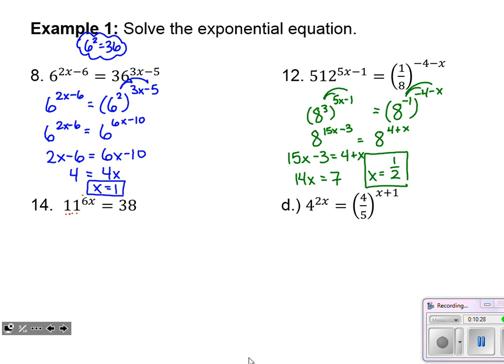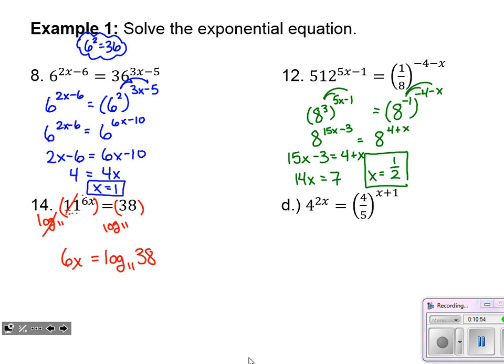Oh, logarithms. So I'm going to take log base 11 of both sides, and that's what we call using the log base method. On the left, log base 11 of 11 to some power is just the power. It simplifies away. All we're left with is that 6x. And on the right-hand side, I have log base 11 of 38.